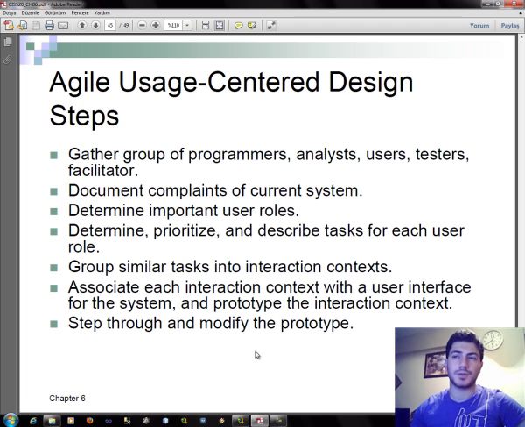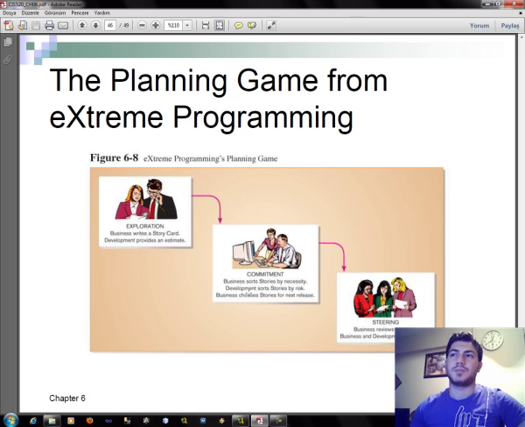Determine, prioritize and describe tasks for each user role. Group similar tasks into interaction contexts. Associate each interaction context with a user interface for the system and prototype the interaction context. Step through and modify the prototype. Now the planning game from extreme programming, you see.